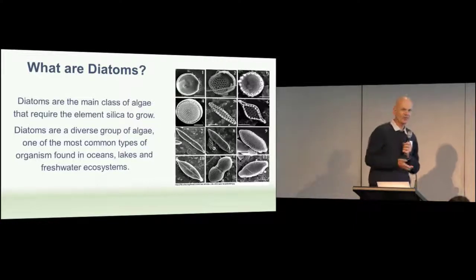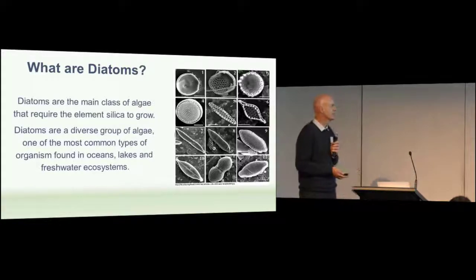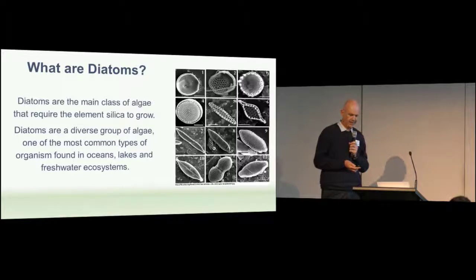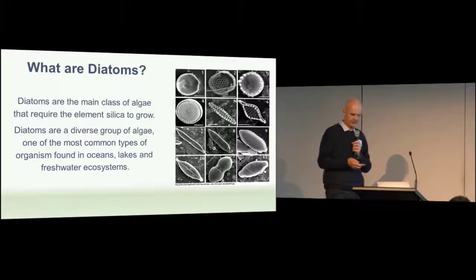Again, with this crowd, I probably don't need to go into too much detail about diatoms. They're pretty well found everywhere, and they do have a requirement for silica. Going back to that Redfield ratio, they use silica on basically a 1-to-1 ratio to nitrogen.